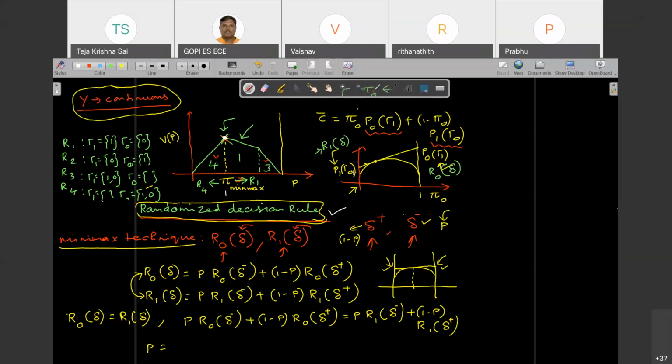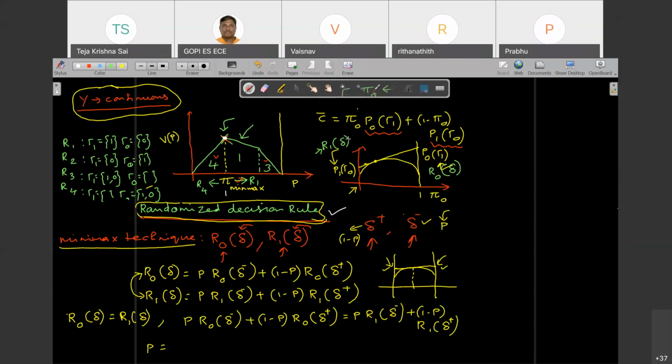P1 of gamma naught is nothing but R1 of delta, and P naught of gamma 1 is nothing but R naught of delta. When 0 is transmitted, the conditional cost is R naught of delta. When 1 is transmitted, the conditional cost is R1 of delta.